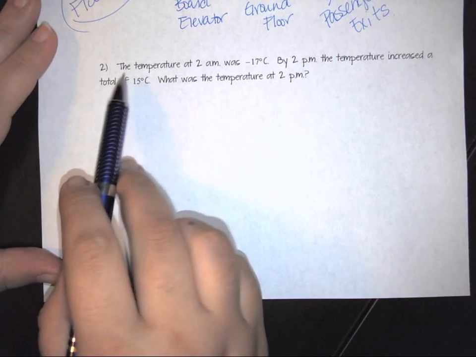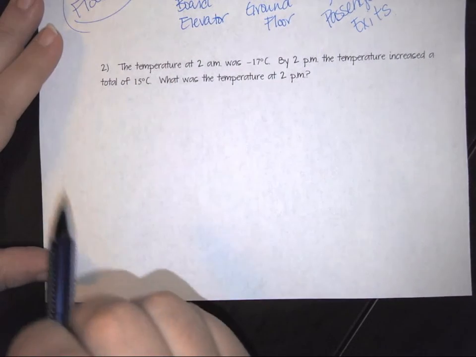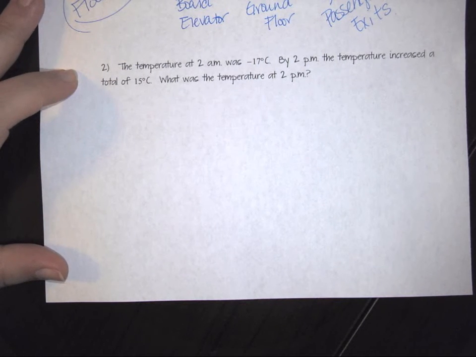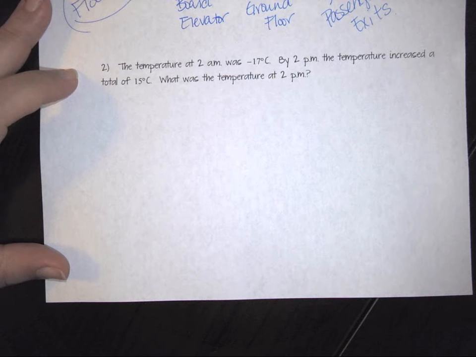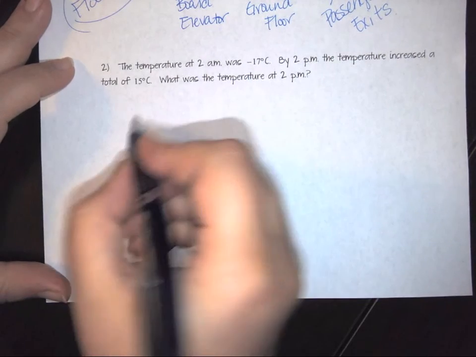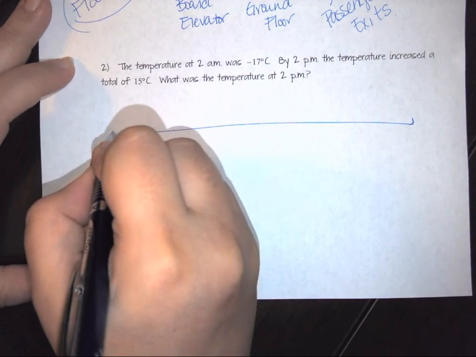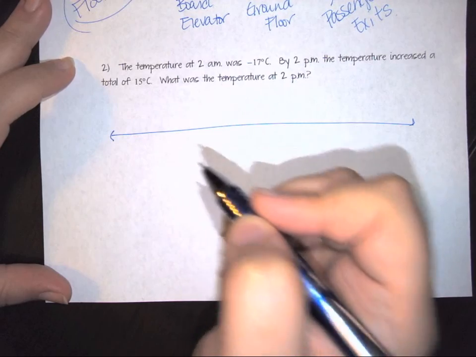Now last but not least, the temperature at 2 a.m. was -17 degrees C. By 2 p.m. the temperature increased a total of 15 degrees. What is the temperature at 2 p.m.? So if we're thinking about that, one thing that we can look at would be a number chart.